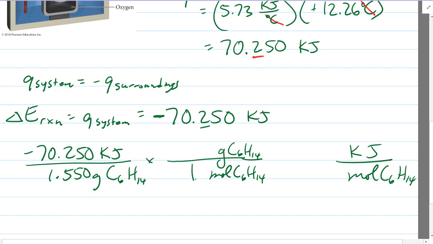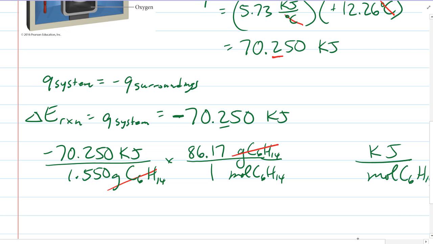So if we calculate the molar mass of hexane, we have 6 carbons and 14 hydrogens. So we'll have 72 plus 14, which is about 86. More specifically, it's going to be 86.17. Good. There's the number of grams for every mole. At this point, the grams of the hexane are going to cancel out.